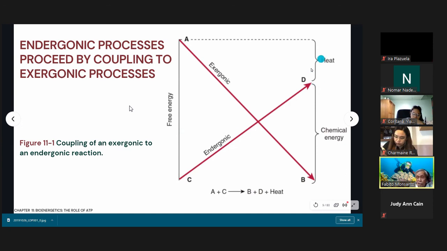And there's a discrepancy, look at that. That is released as heat. Going back to the body, this heat released in your system is used to maintain your body heat, which is 37 degrees centigrade.